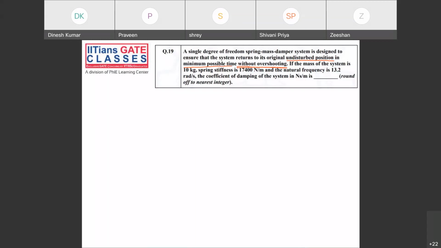So minimum possible time always corresponds to critical damping, because the more the damping, the more sluggish the response.